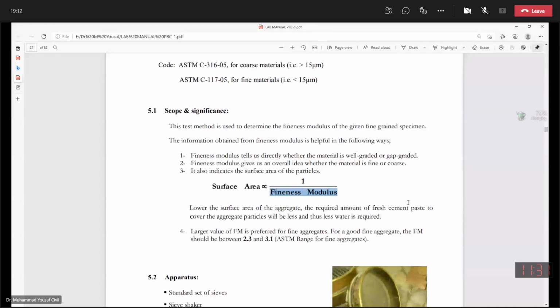Acha, if the material is more fine, it will have a lower value of the modulus. So very similar to surface area, if I write fineness over there, it will be reciprocally related to the fineness modulus. Is it okay?